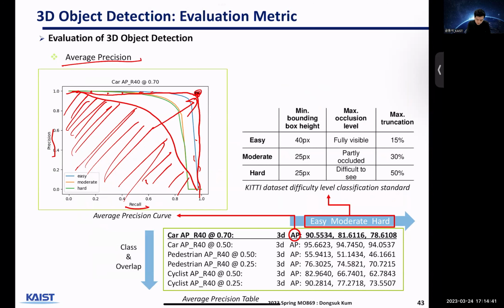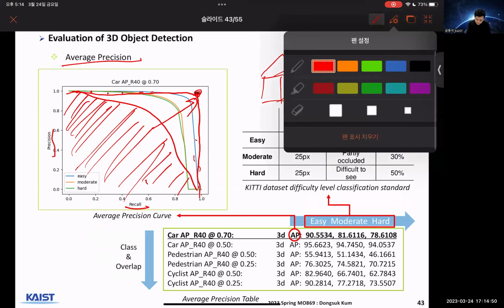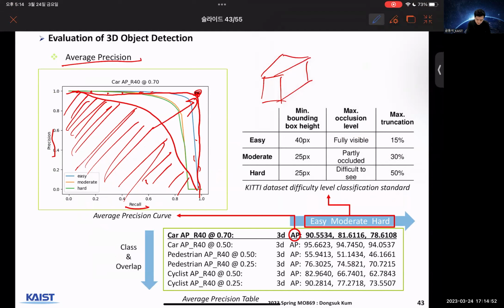results. So let's say you have two bounding boxes, you can compute IOU based on how much volume is intersecting, or you can compute the distance between these two center points.